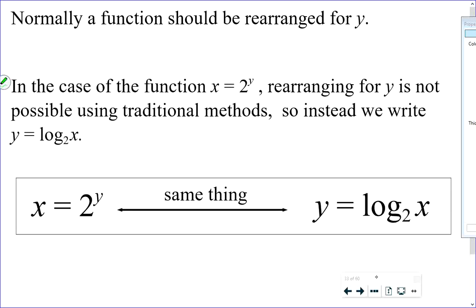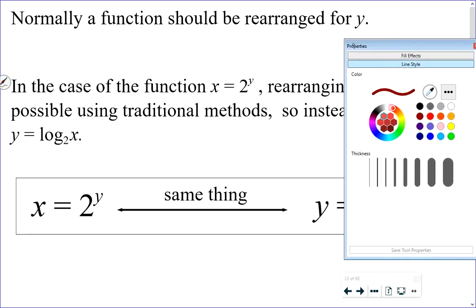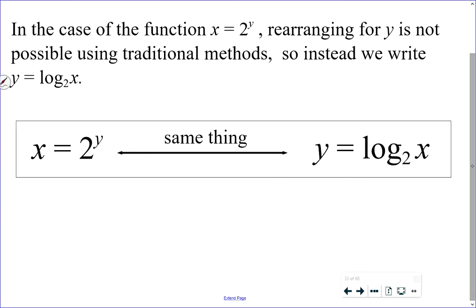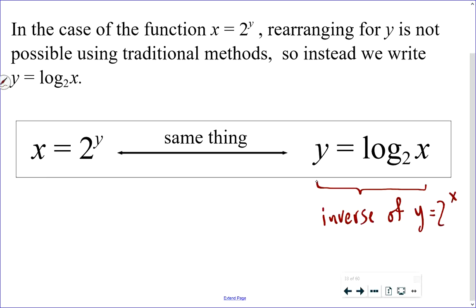Since this right here, this thing, is the inverse of y equals 2 to the x. And by the way, the thing on the left is the inverse of y equals 2 to the x.